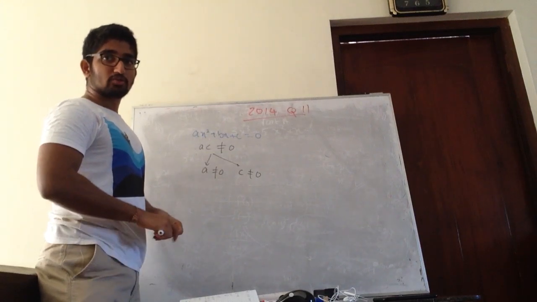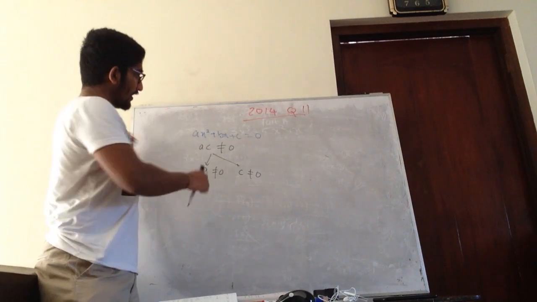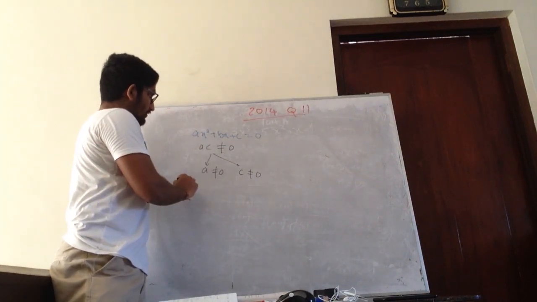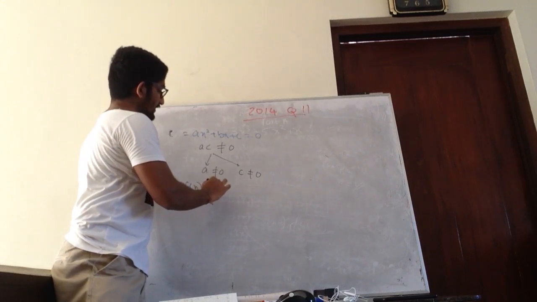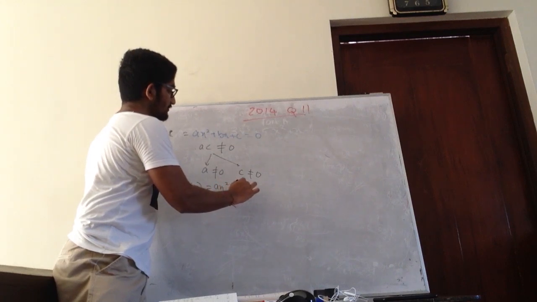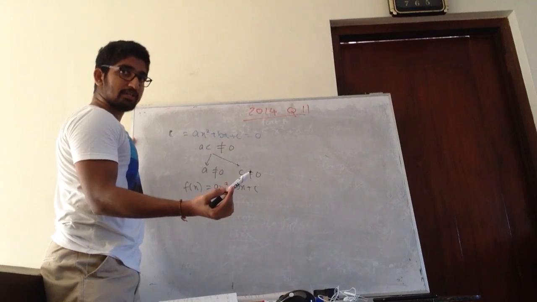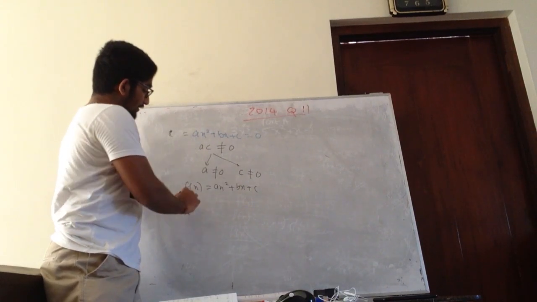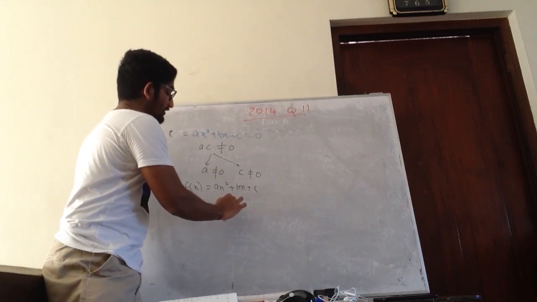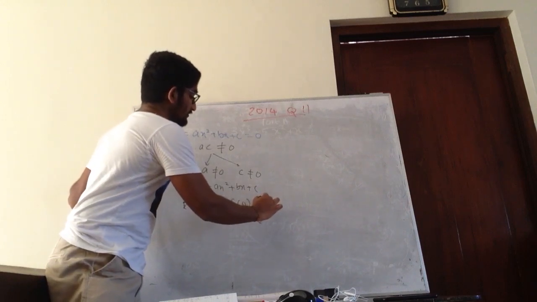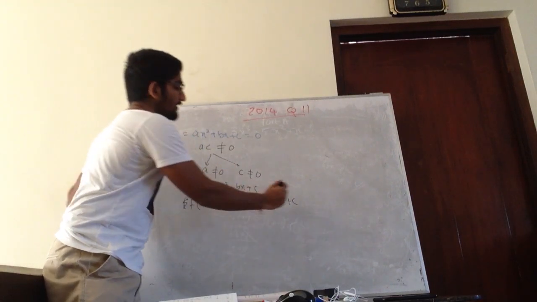Now what I'm going to do is substitute. I'm going to take fx as ax squared plus bx plus c. Then when x equals 0, that means f of 0 is 0 plus 0 plus c. So now you know that c is not 0.